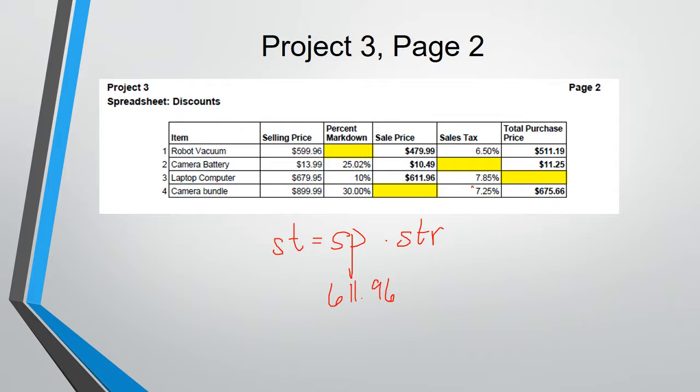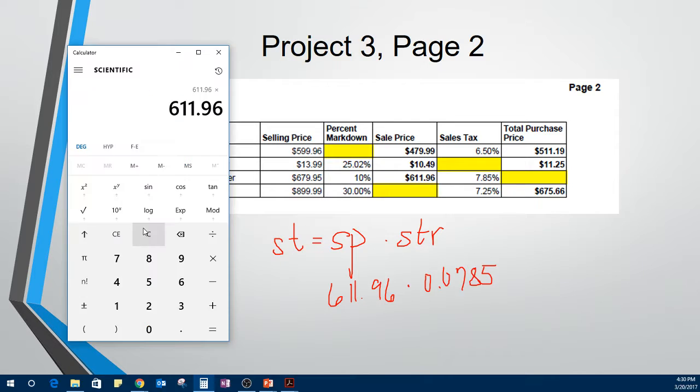Remember, we need to convert that into a decimal. So we get 0.0785. Now, let's go ahead and multiply that together. 611.96 times 0.0785. We get $48, and we're going to round it to 4 cents.